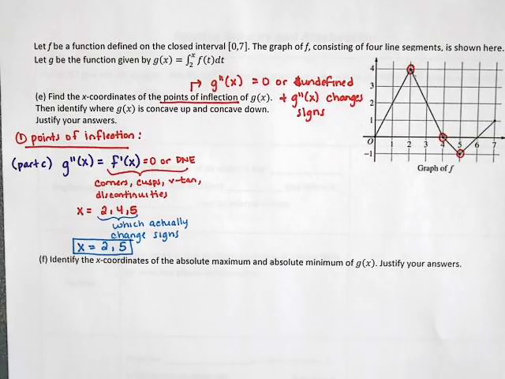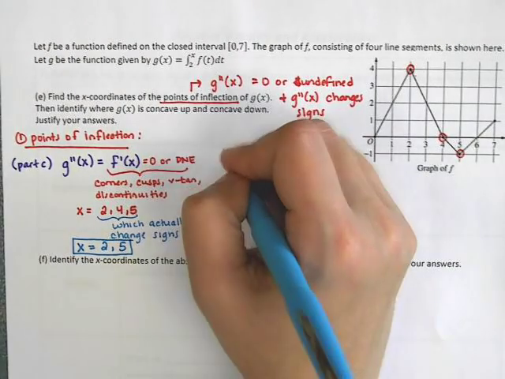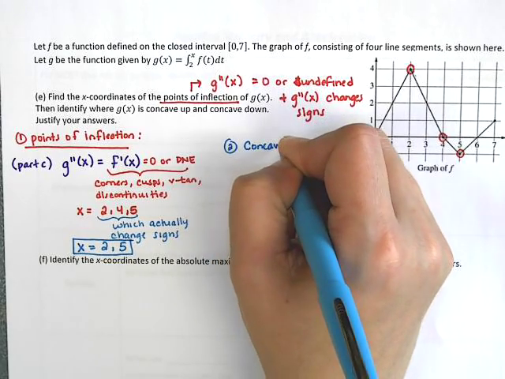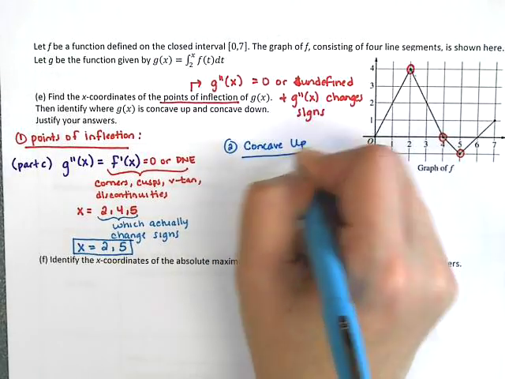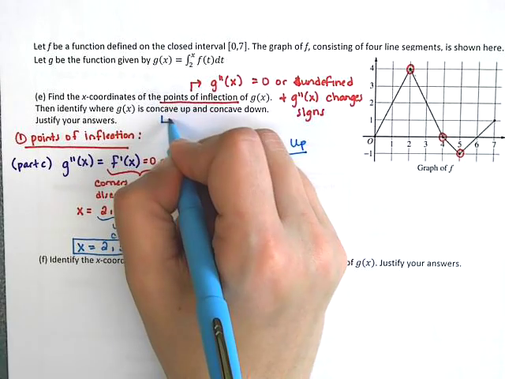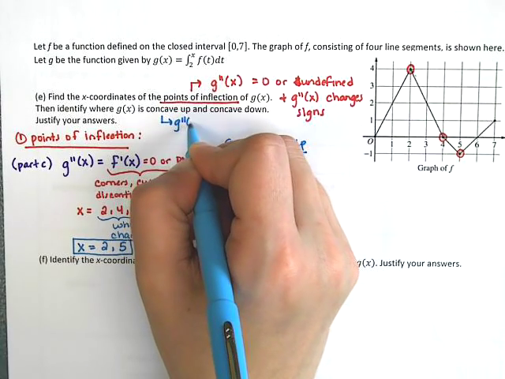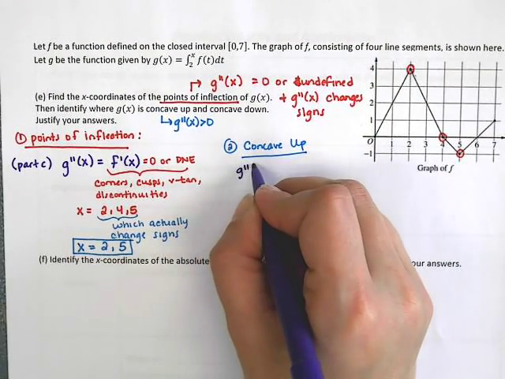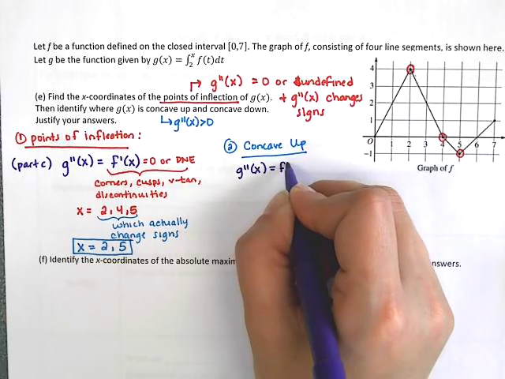For part 2, we want to figure out where our graph is concave up. So to review, concave up means that the second derivative is greater than 0. Now again, from part C, we knew that the second derivative is really just f prime.